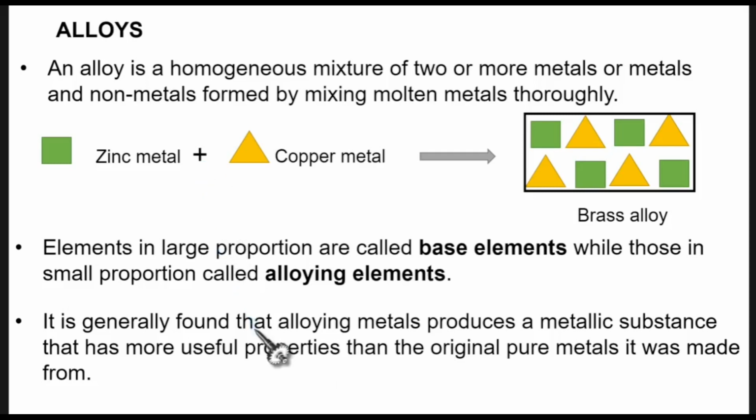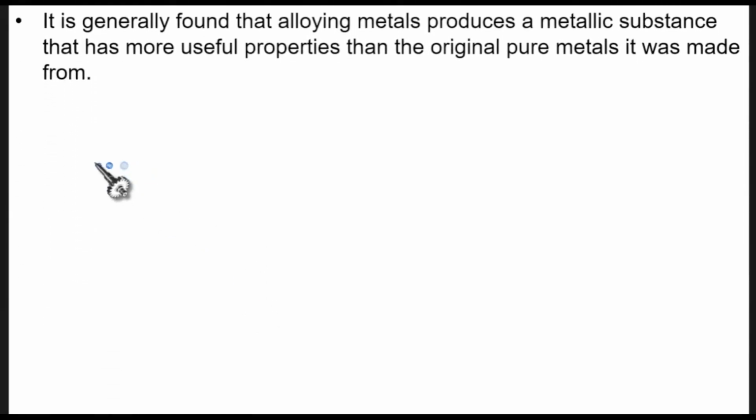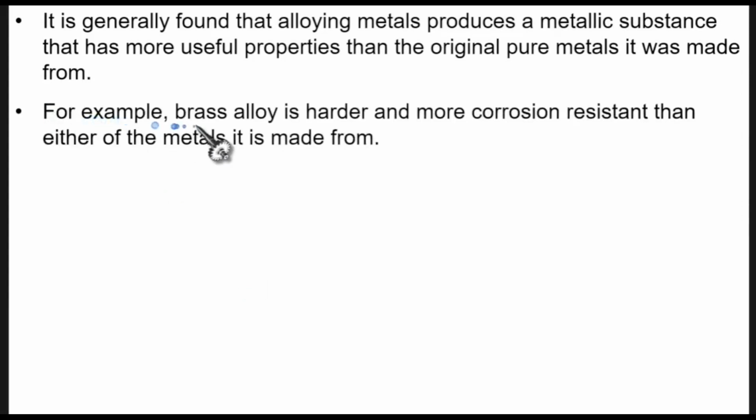All right, so now let's look at the examples. So for example, brass alloy is harder and more corrosion resistant than either of the metals it is made from. We are just emphasizing the point where we said that it is generally found that alloying metals produces a metallic substance that has more useful properties than the original pure metals it is made from.